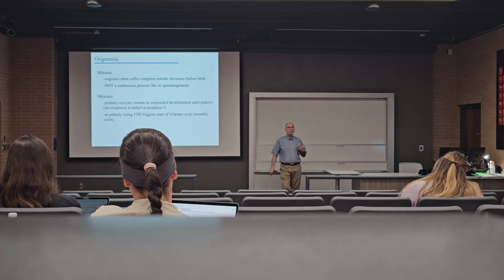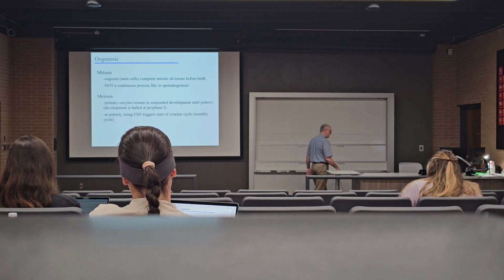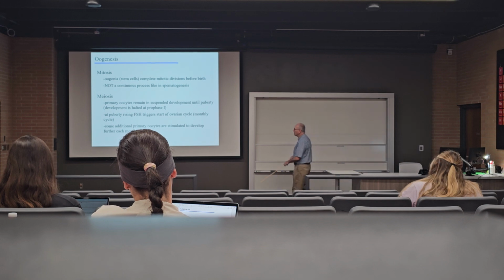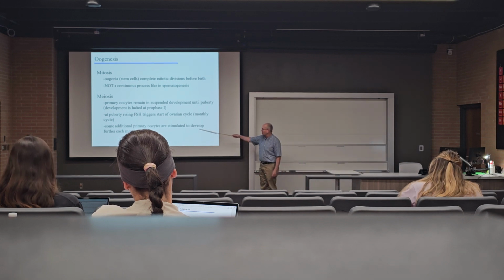When we talk about the menstrual cycle, we are usually talking about the uterine cycle. But again, it is going on at the same time as the ovarian cycle. These 2 are directly linked to each other. And again, after each cycle, we start over again, and some additional primary oocytes are stimulated each month until we run out.